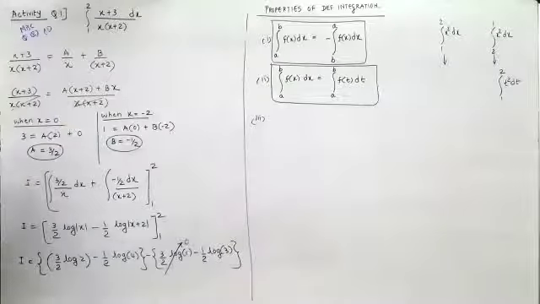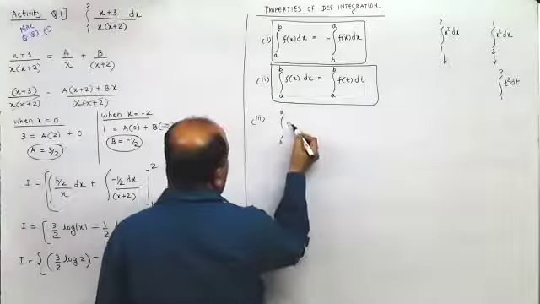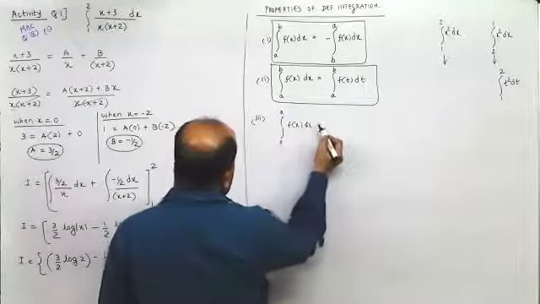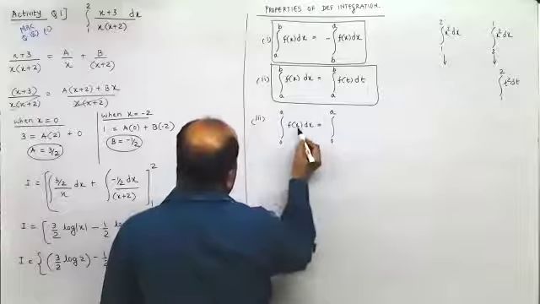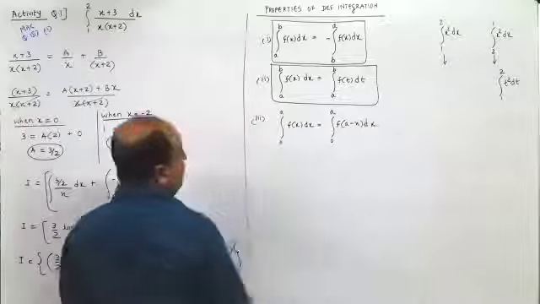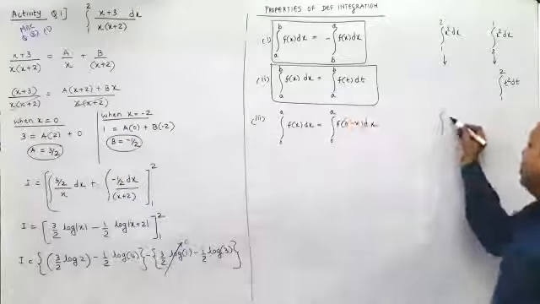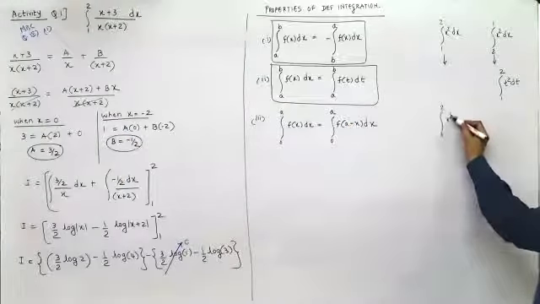Next, third property. This is one very important property. If I have 0 to a f of x dx, I can replace that with 0 to a, instead of x, I can write f of a minus x dx. Means what? Suppose I have 0 to 2 x cube dx.